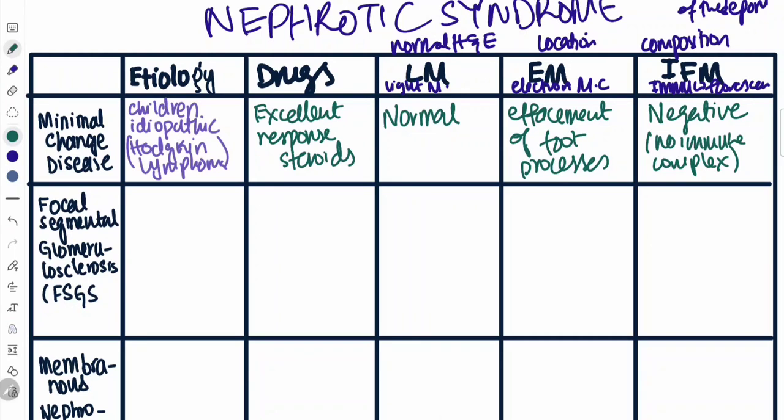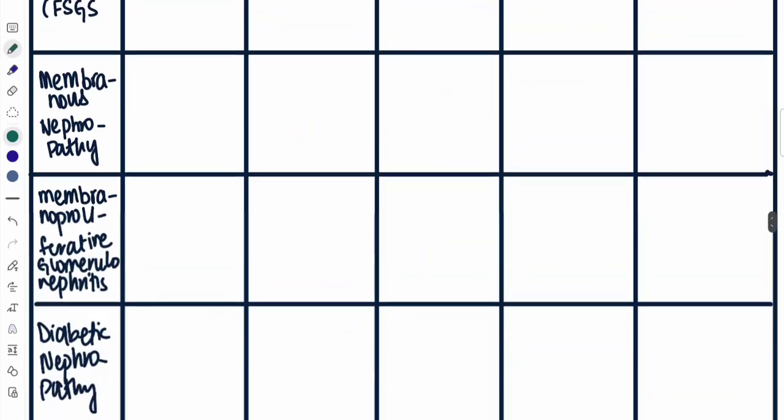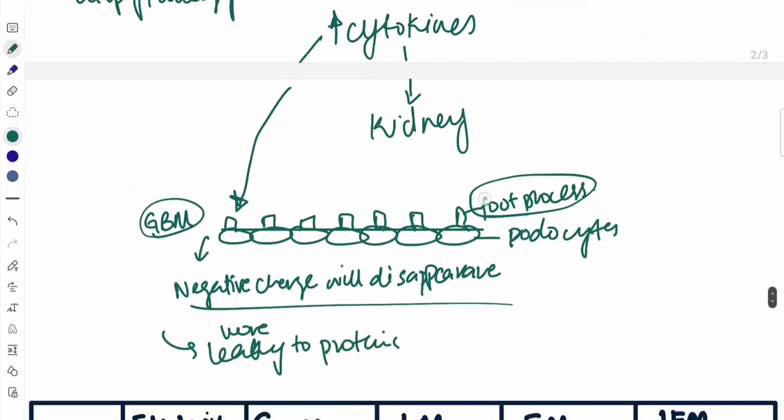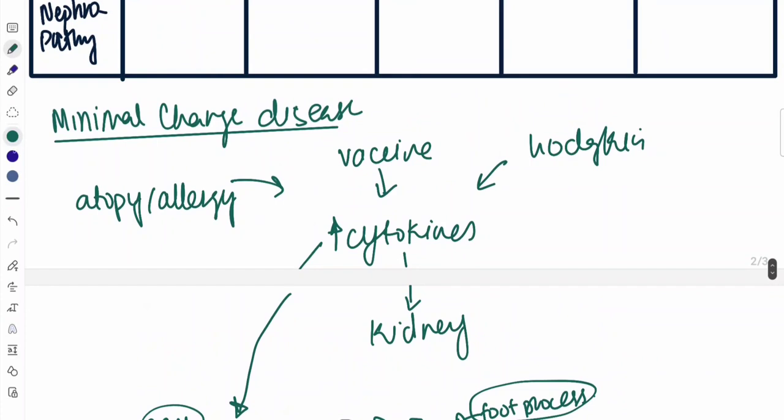So that's minimal change disease done. Only one thing that I want you to know is that in this case we're going to have selective proteinuria, so keep that in mind. What kind of proteinuria?